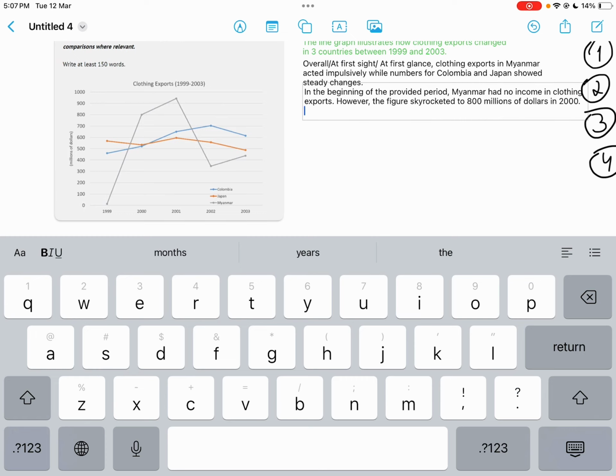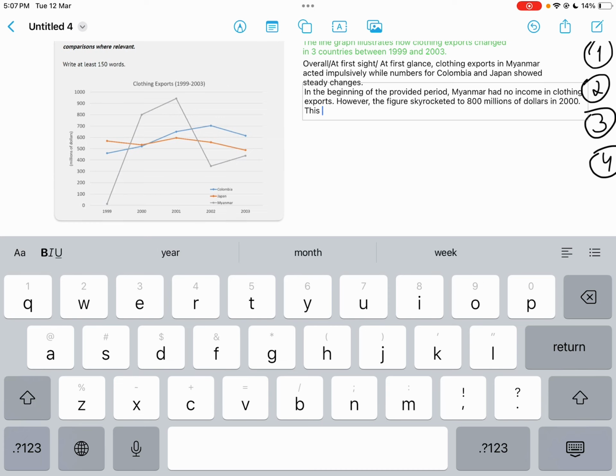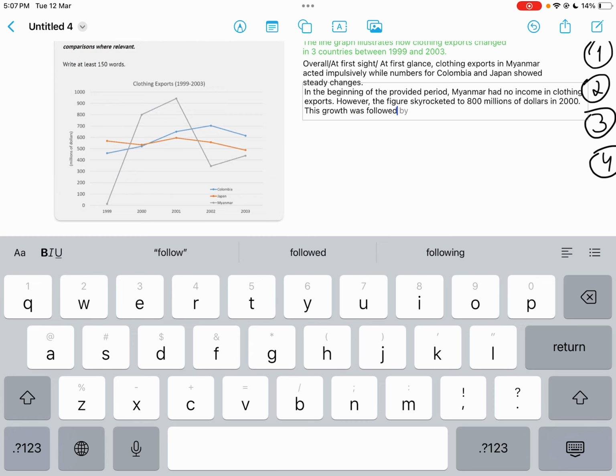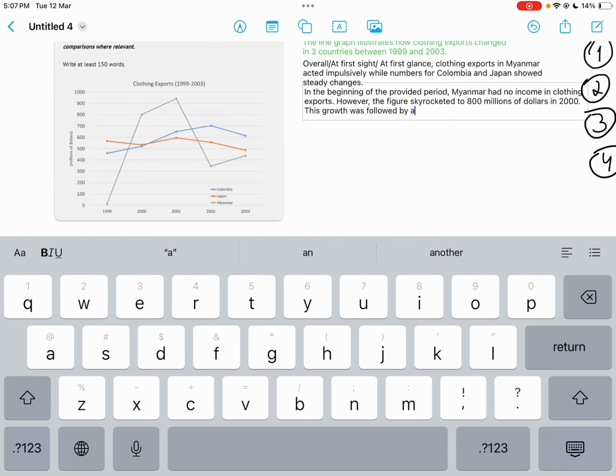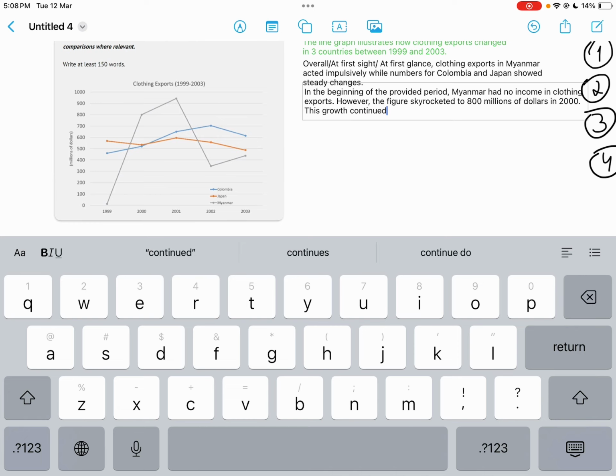What's next? This growth was followed by, let's write, this growth continued.